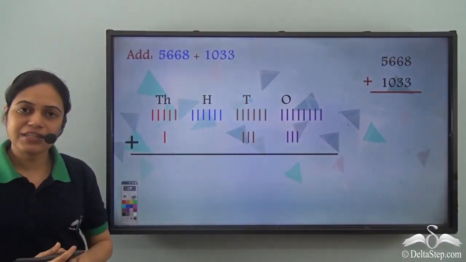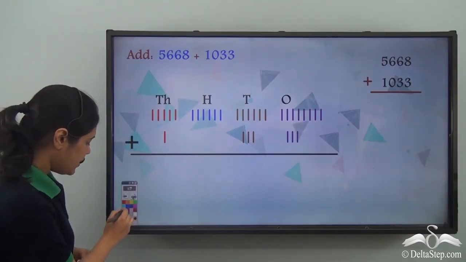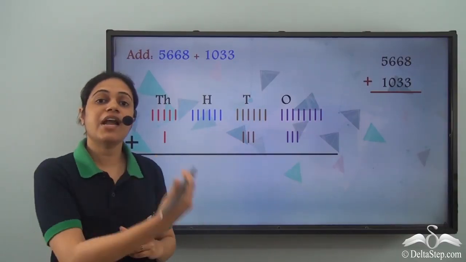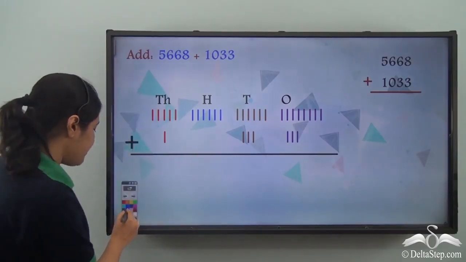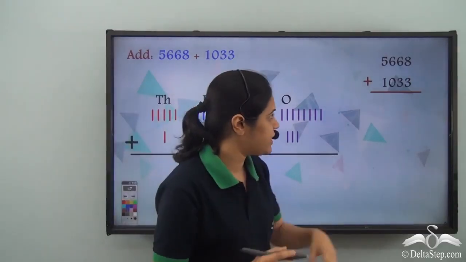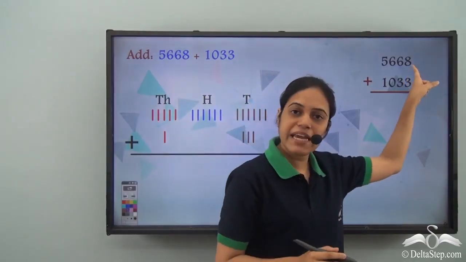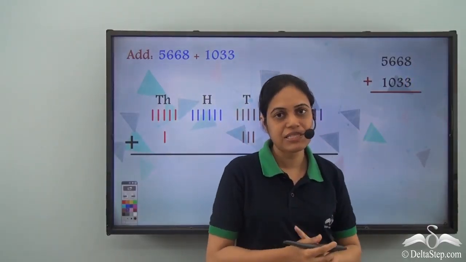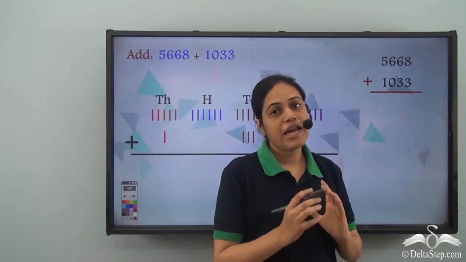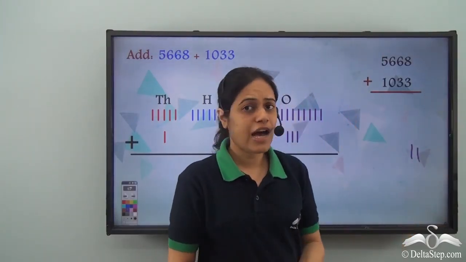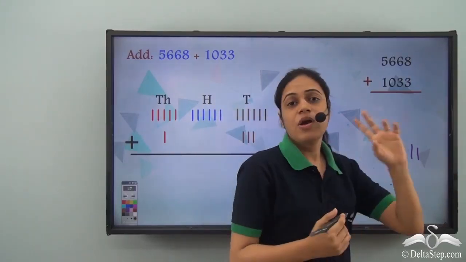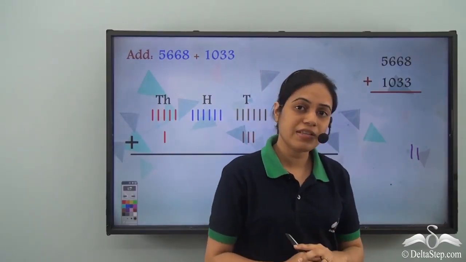Now let us add the digits. So we know that I start with the rightmost digit, that is the digit in the ones place. Now I have 8 and 3 in the ones place. What is 8 plus 3? 8 plus 3 is 11. Now 11 means 1 tens and 1 ones.